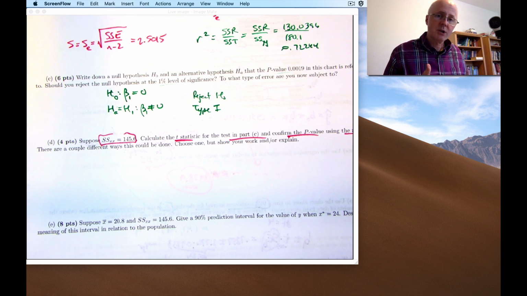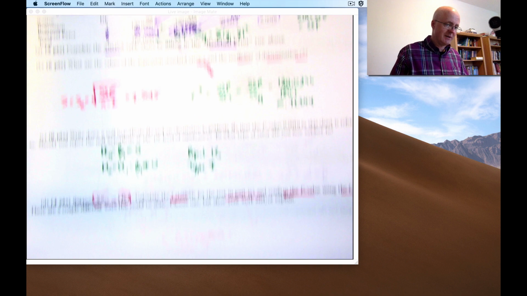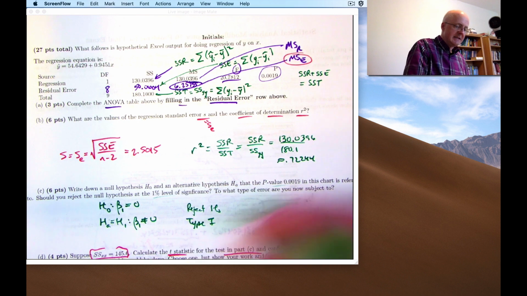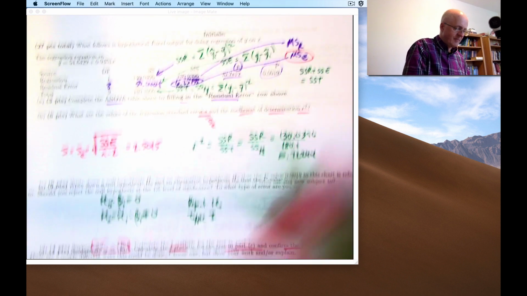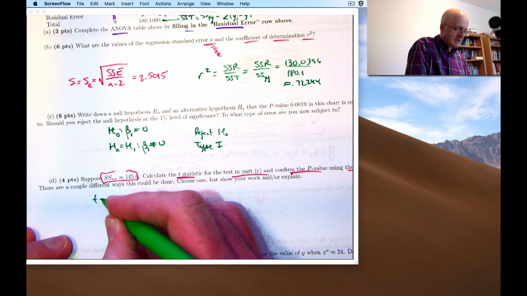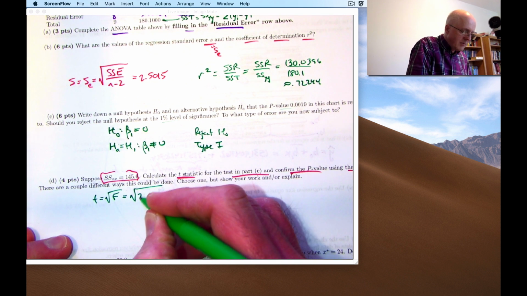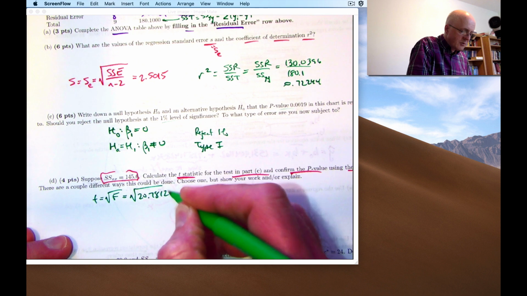So the first way I'm going to show you is a way that I actually did not talk about in lecture 17. It's the quickest way to do it in this context of simple linear regression with one explanatory or predictor variable, x. t is the square root of the F statistic. t is the square root of 20.7812.